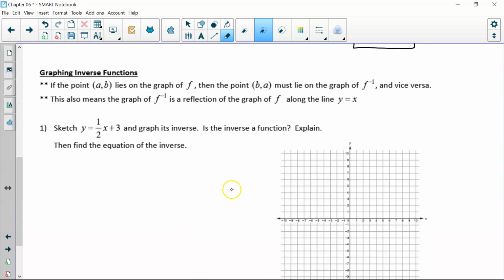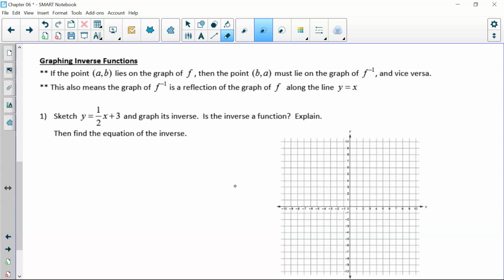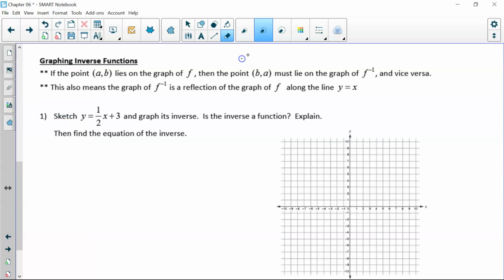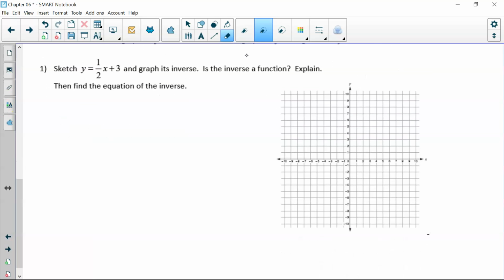Now to graph the inverse, remember we're switching the inputs and outputs. For y equals 1/2 x plus 3, the slope is 1/2 and the y-intercept is 3. So here's our point 0, 3. And then we go up 1 and over 2.